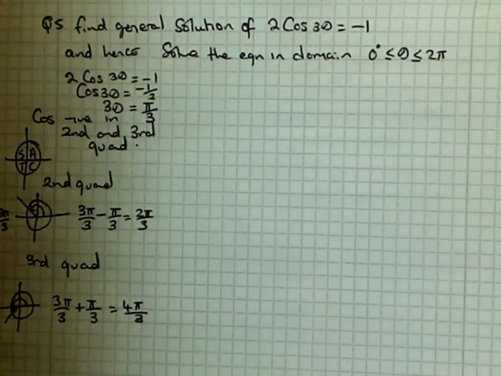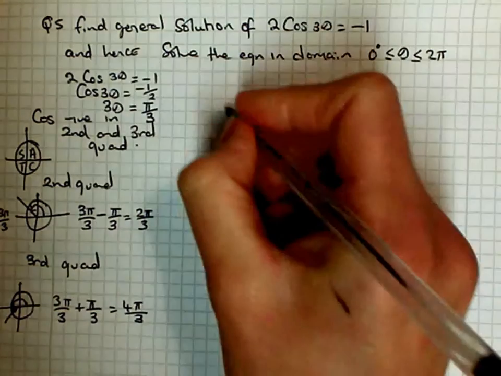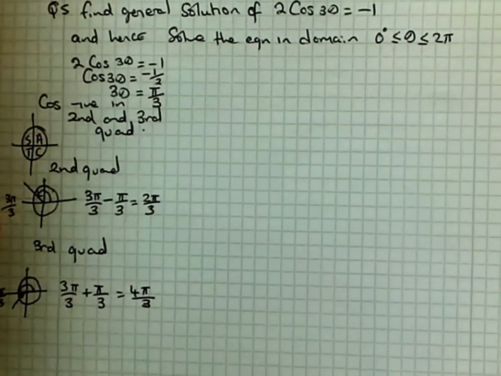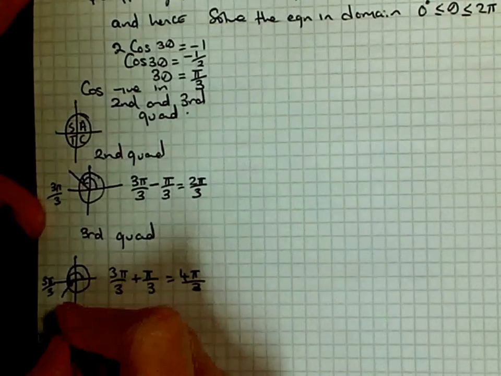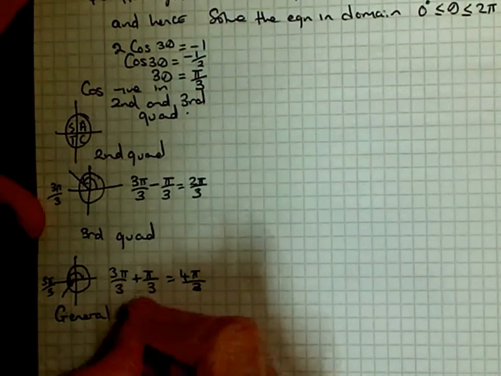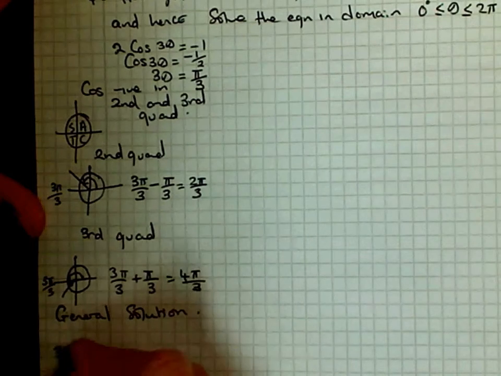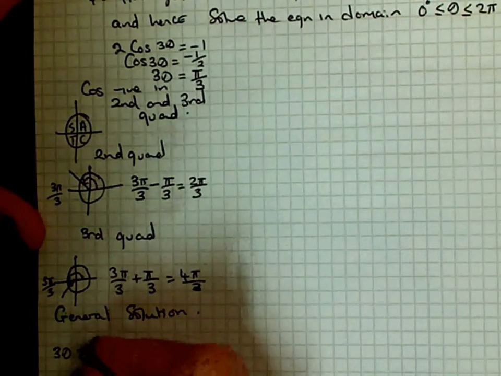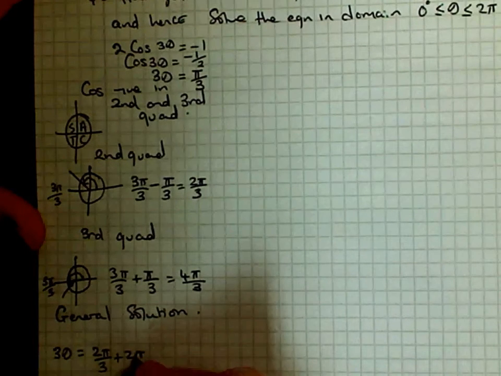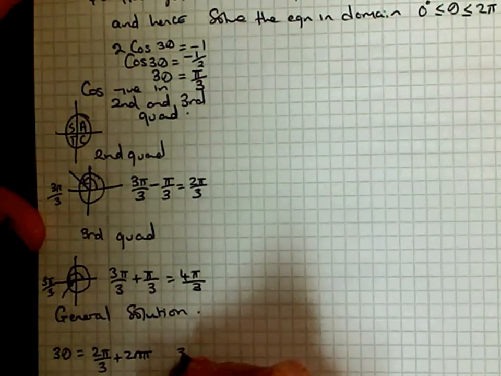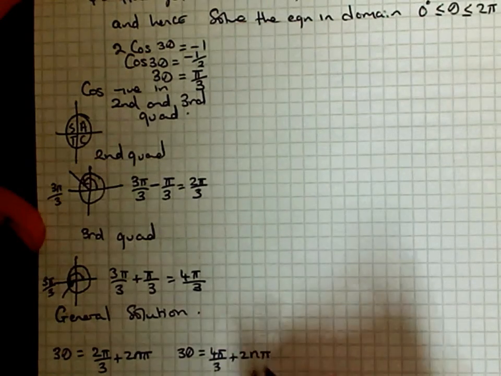So the general solution for those: 3 theta is equal to 2 pi over 3 plus 2n pi, and 3 theta is equal to 4 pi over 3 plus 2n pi.